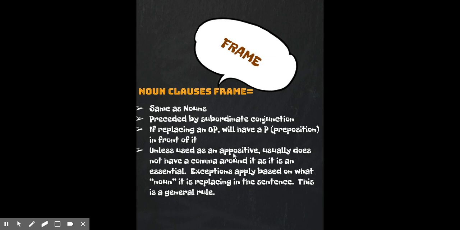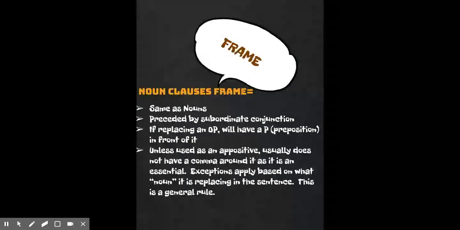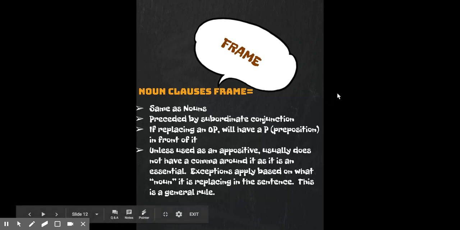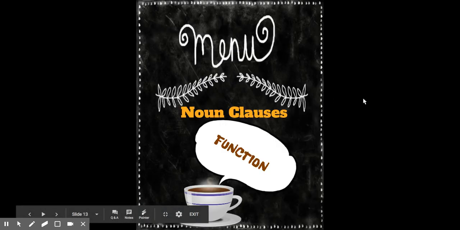Unless used as an appositive, a noun clause usually does not have commas around it, because usually it's an essential part of the sentence, giving vital information. Again, in an appositive situation, that would be different. And there are a few other exceptions, but that's just a general rule.